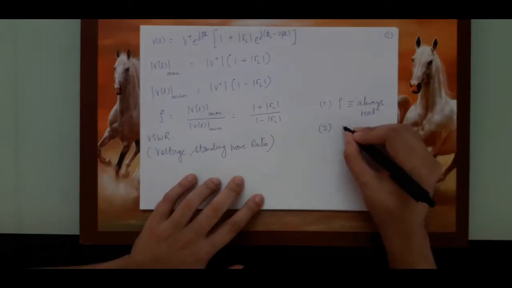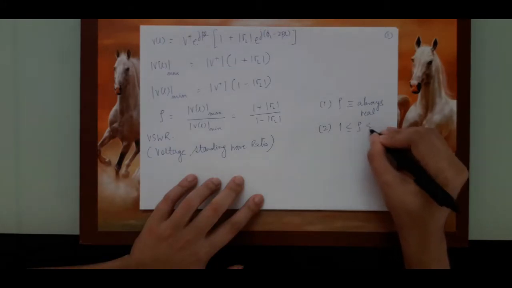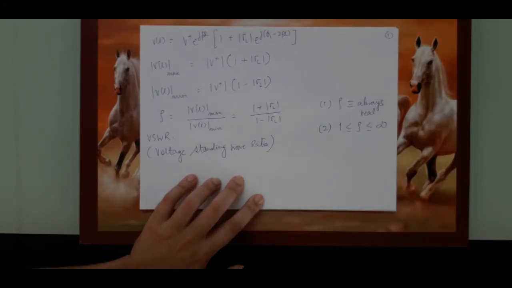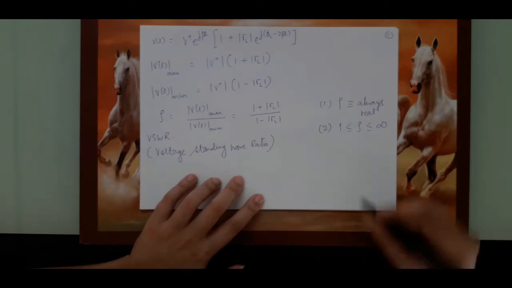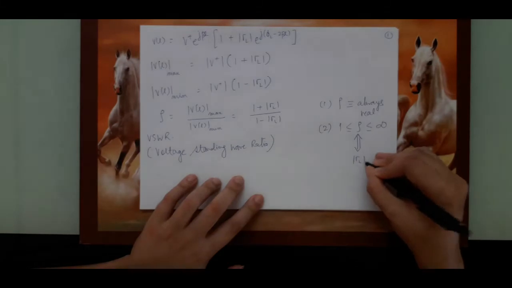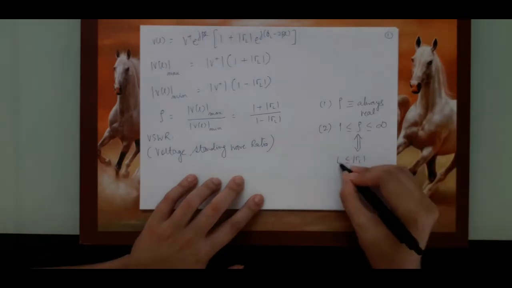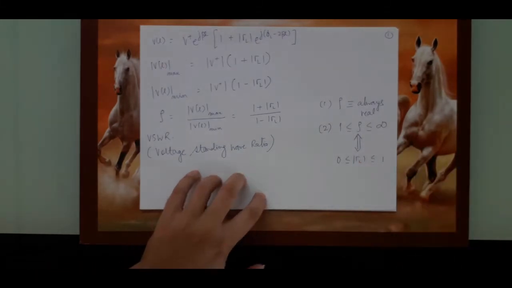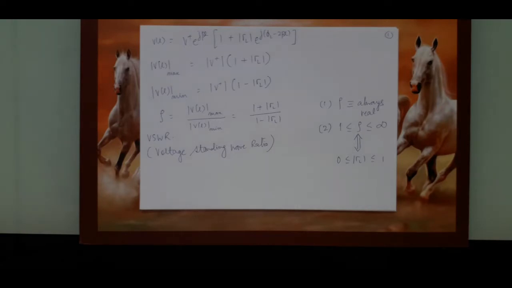So I can say this is the range of rho, corresponding to the range of mod gamma L, that is from 0 to 1. Is that fine?